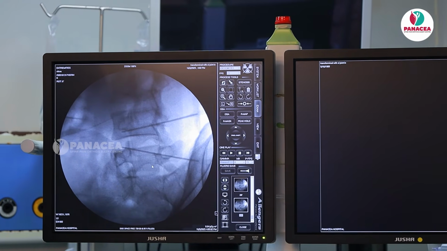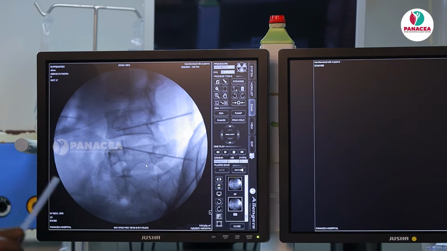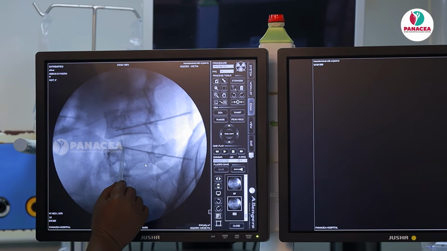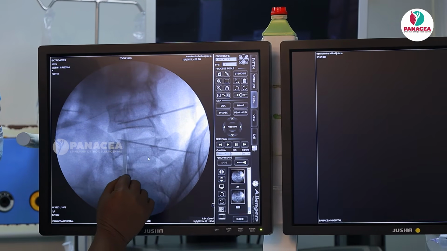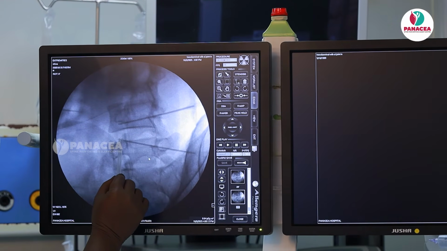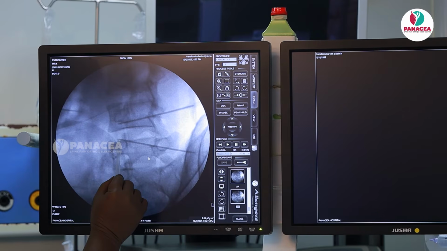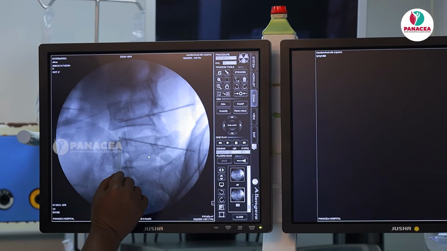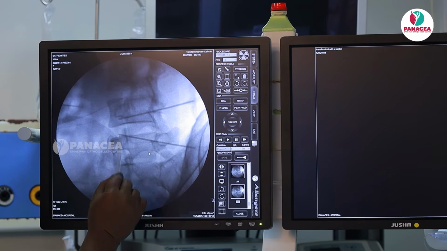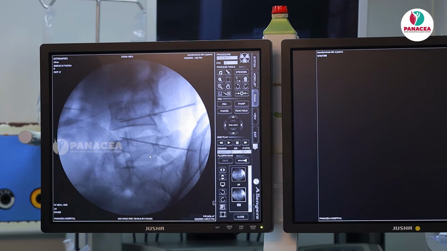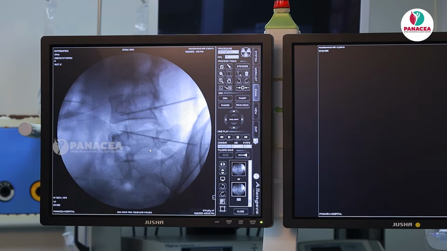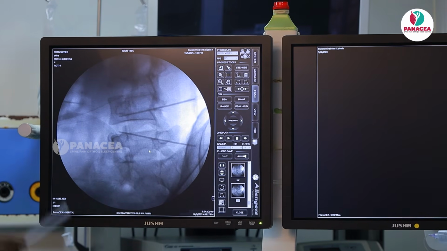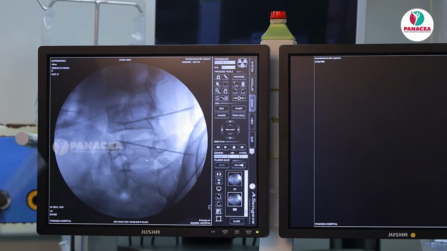So for Kambin's approach, where is the target area? Look at the SAP. This is the pedicle. The birthday cap above is the SAP. Just lateral to the SAP is the docking area, and we go under fluoroscopy in a coaxial view, that is, end-on view or tunnel view, wherein the tip and hub should be visible as a dot.